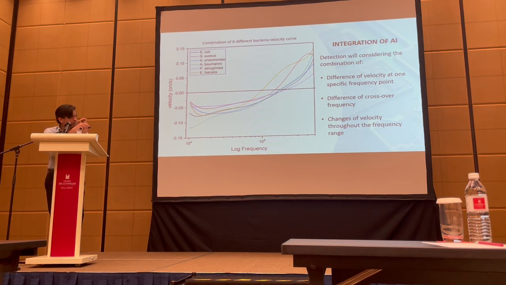Second, there are differences in the crossover frequency between each bacteria, so the AI can also try to differentiate the bacteria from the crossover frequency. And finally, the overall changes of the speed. The AI can also use the data to try to recognize the type of bacteria.